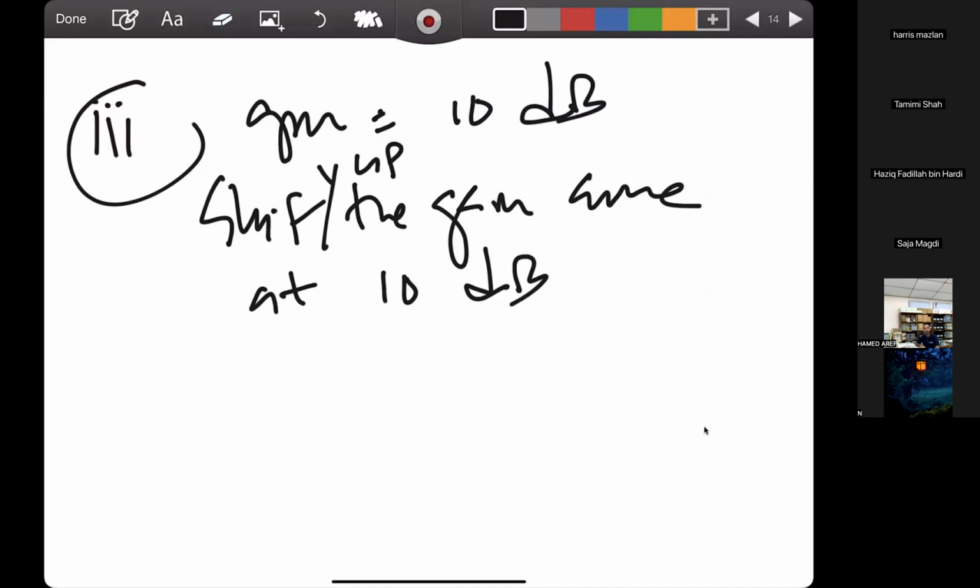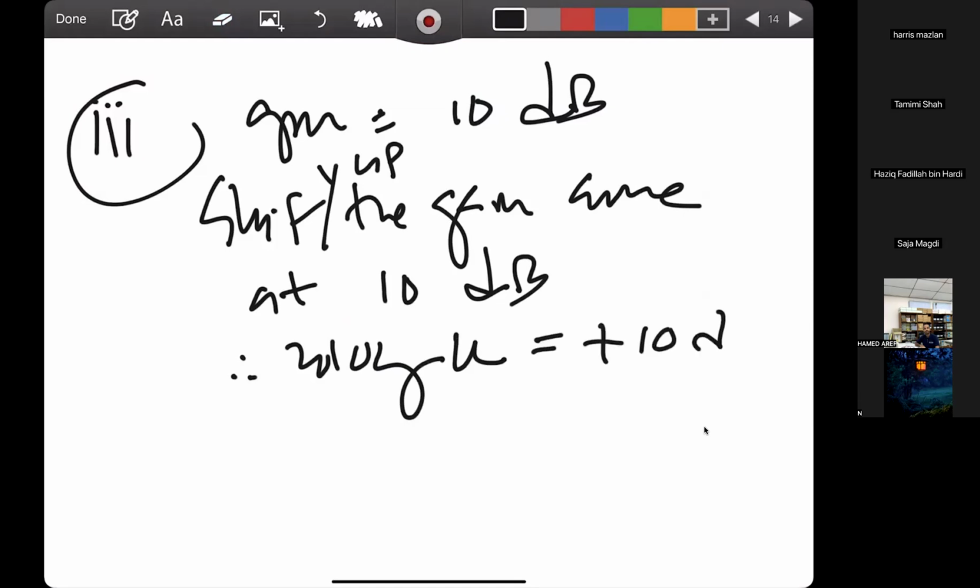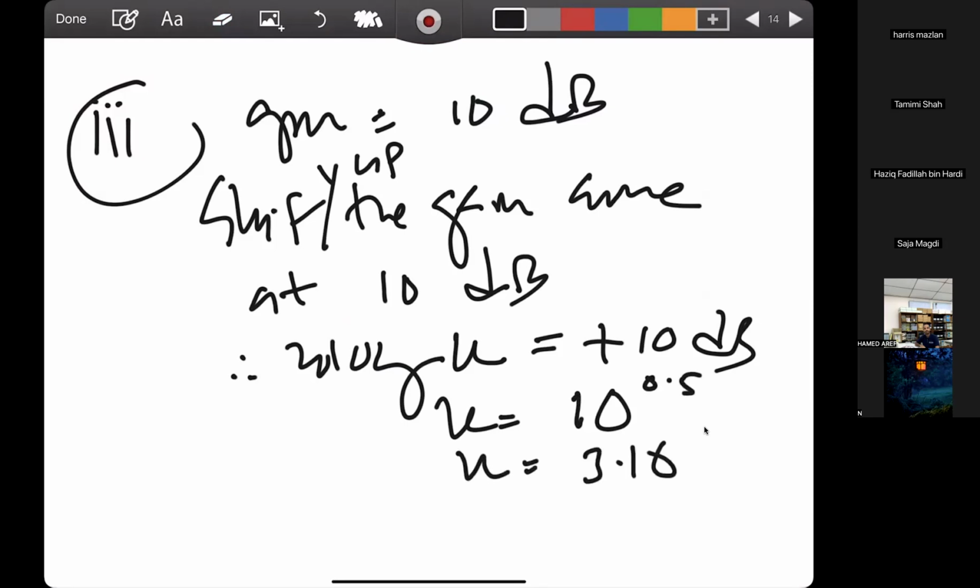So 20 log K equals positive 10 dB. K is equal to 3.16. So K overall is 150 times 3.16, which is 474.